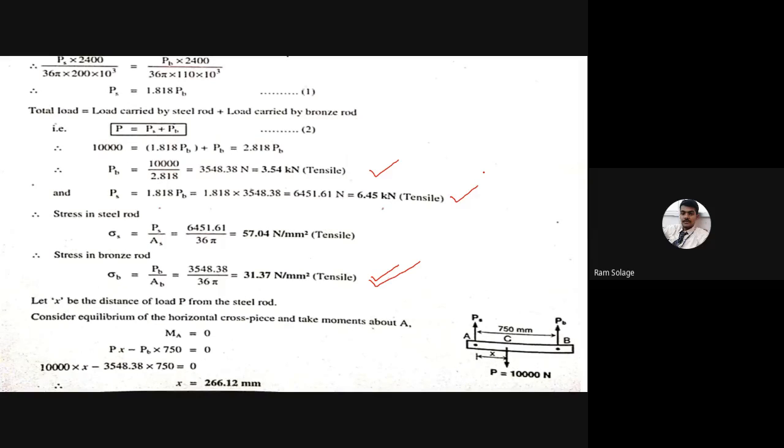Check the solution for PS and PB. After that, you have to calculate sigma S and sigma B, the stress in the steel rod and the stress in the bronze wire.